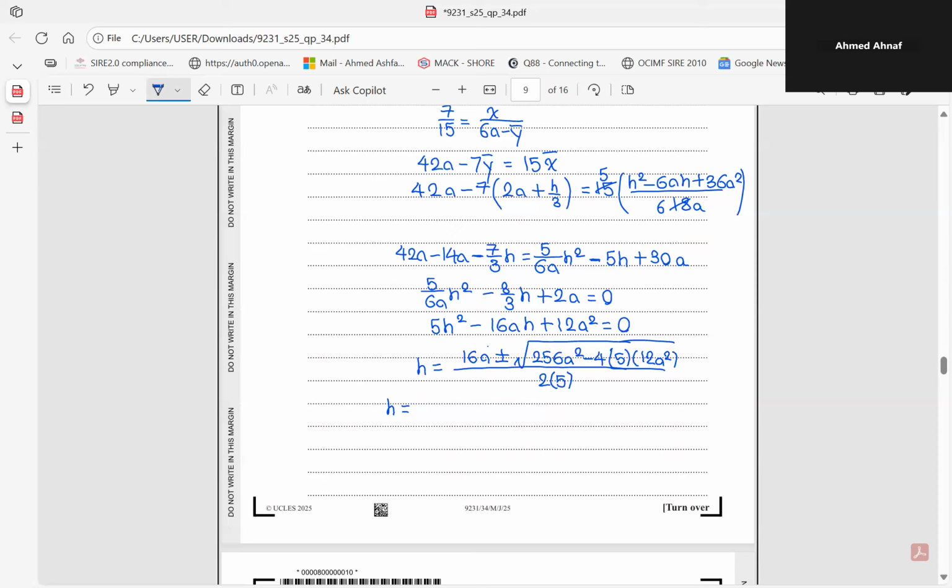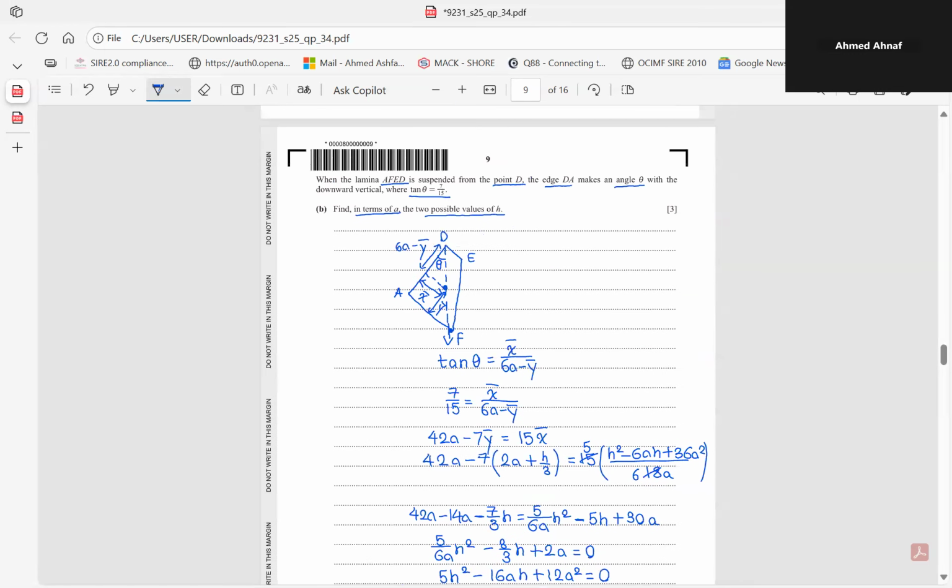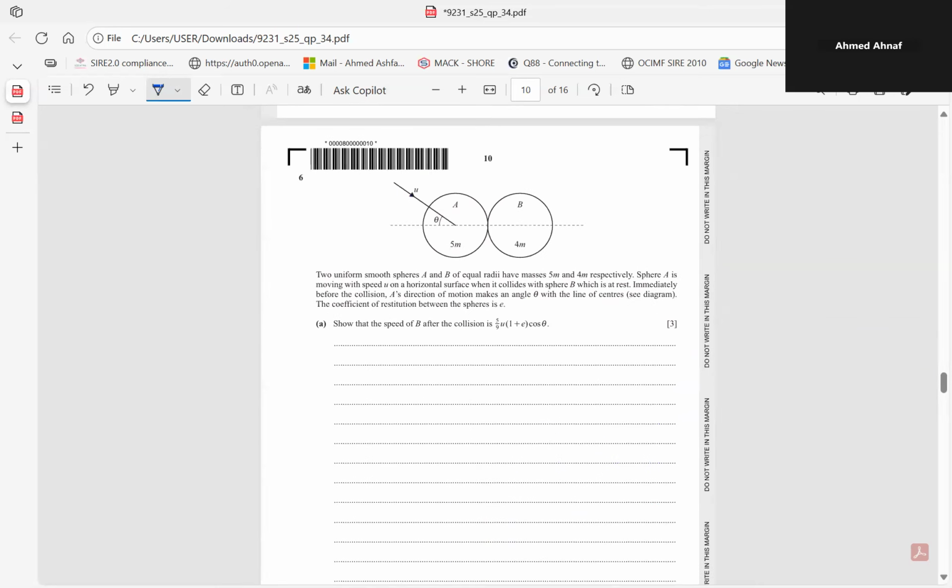So square root of 16a squared is 4a, plus 16a divided by 10, you get 2a. And then for h, you would get 16a minus the square root, 12 divided by 10, you would get 6 over 5a. Yeah, so these are our final answers for this part, as well as the entire question. You see the time. Okay. All right, let's head on to the next question.